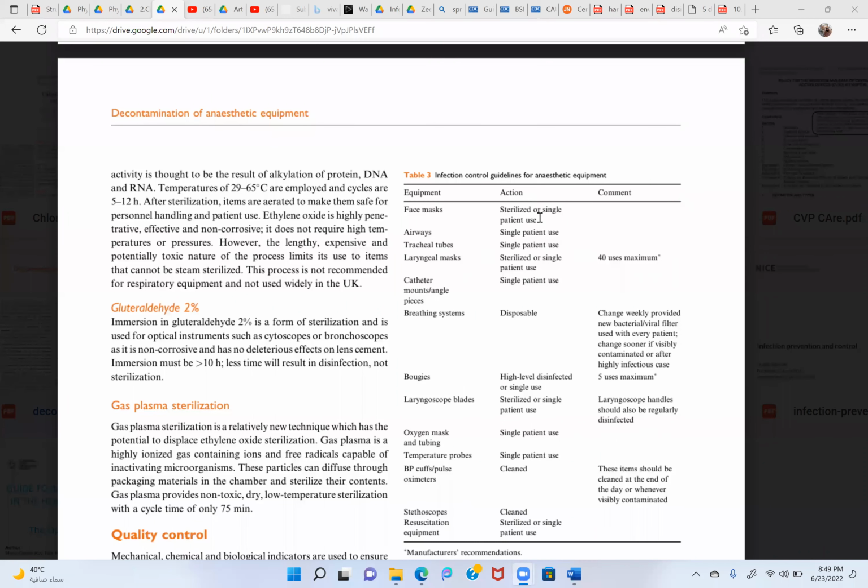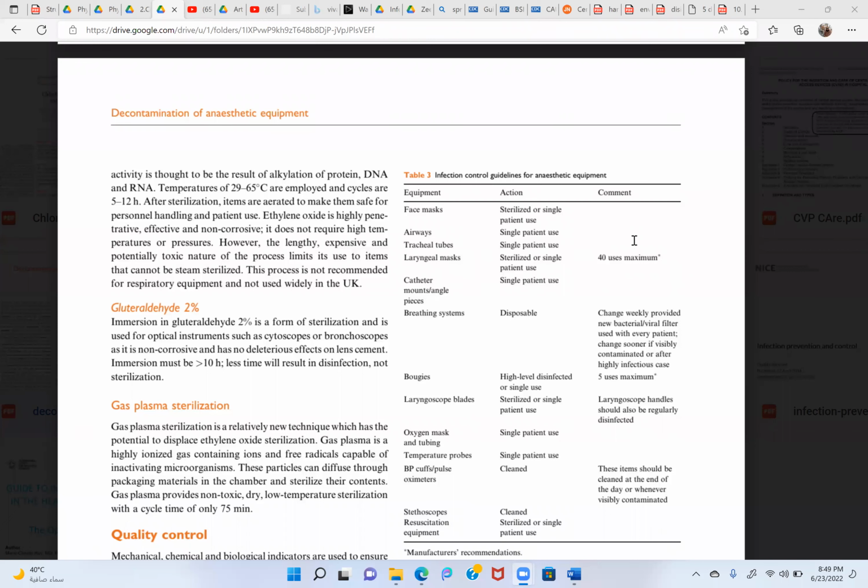For the prevention of Creutzfeldt-Jakob disease, usually all these things are now used as single use. There are special face masks which are perfumed with a cherry or lemon flavor.